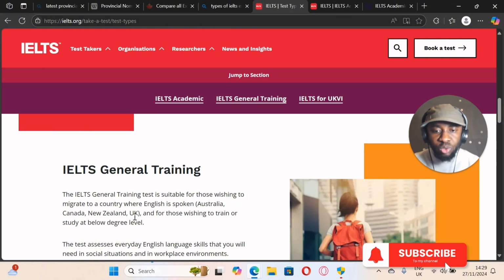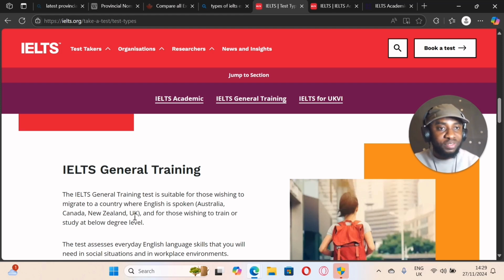Yes. And for those wishing to train or study below degree level, if you want to study maybe a diploma program or a college something, then there is no need to go in for the IELTS Academic, because the Academic one is meant for higher education and university degrees, masters, and stuff like that.